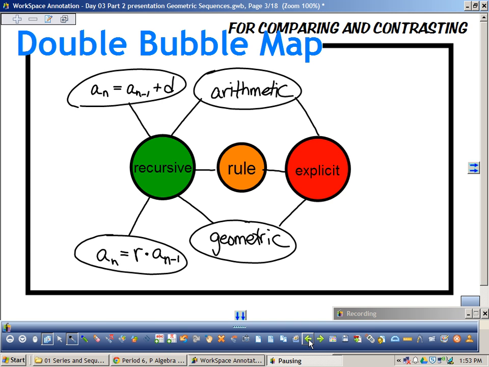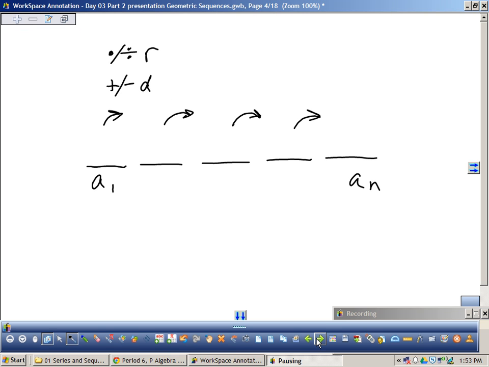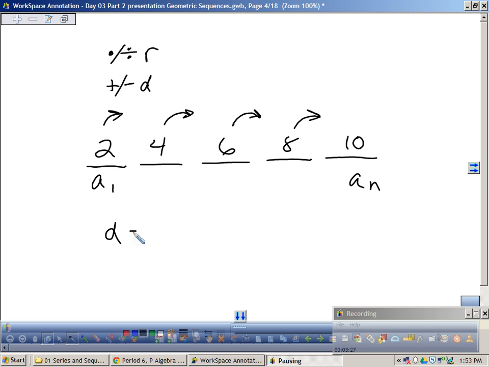Does that help a little bit? So r and d are the same thing. They're both the amount you have to jump. So if I have to add 2 each time I go to the next term, like this, 2, 4, 6, 8, 10, then I'm adding as I go, so I would use d, and I know my common difference is 2.